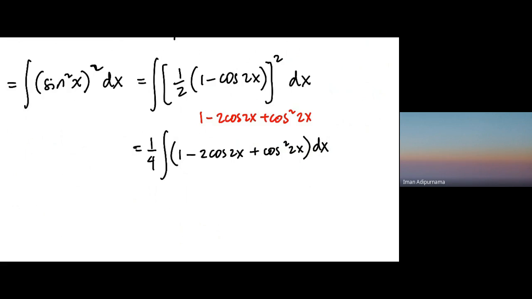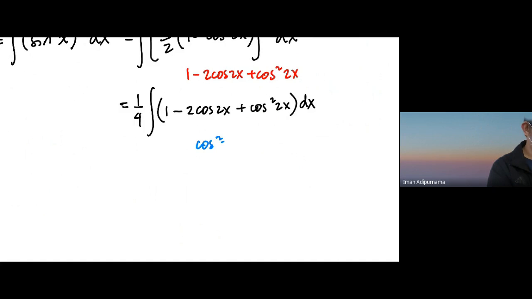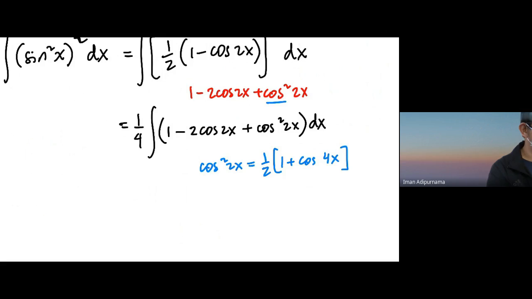Same way, using the double angle, we will have another 4x. So cos squared 2x is half of 1 plus cos 4x. And use this to exchange this cos squared 2x.